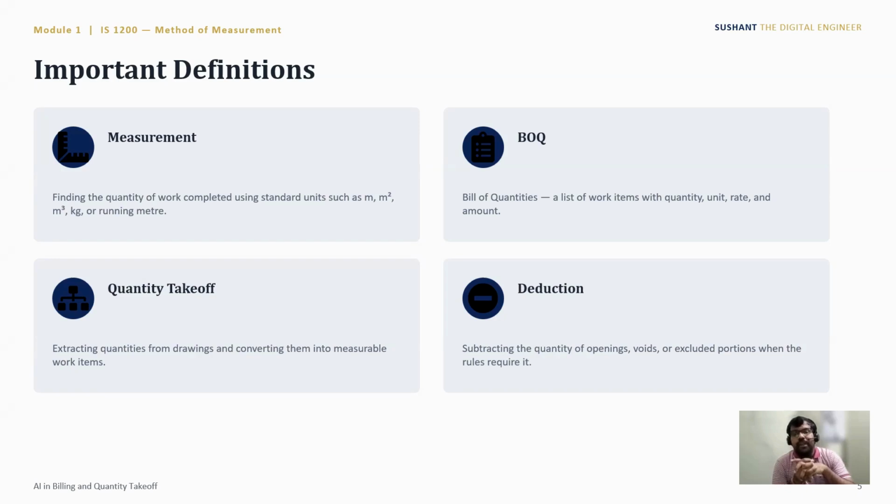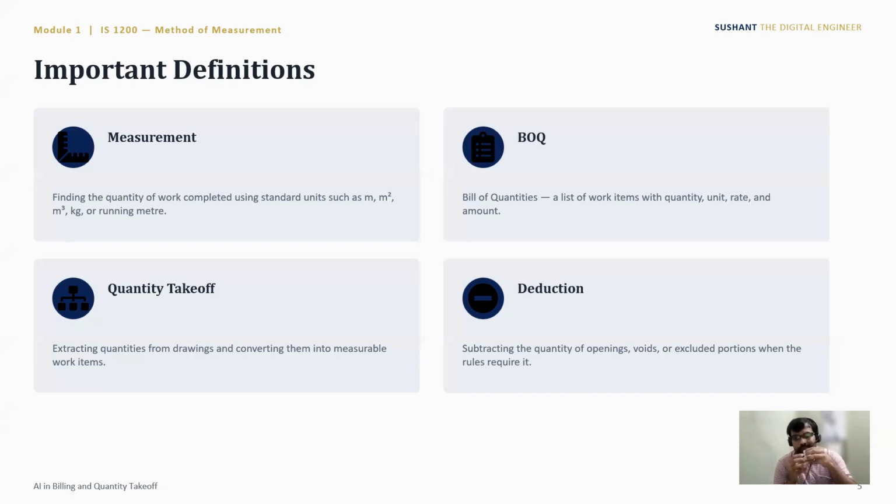The third part is quantity takeoff. Quantity takeoff is extracting quantities from drawings and converting them into measurable work items, then subtracting quantities of openings, voids, and excluded portions when the rules require. That is very important when calculating quantity.